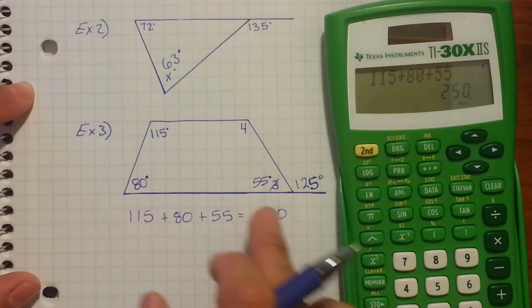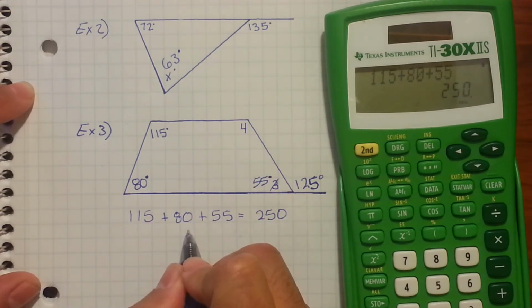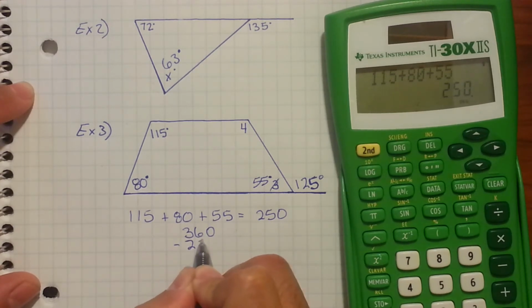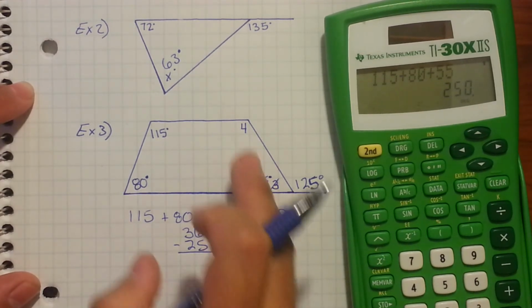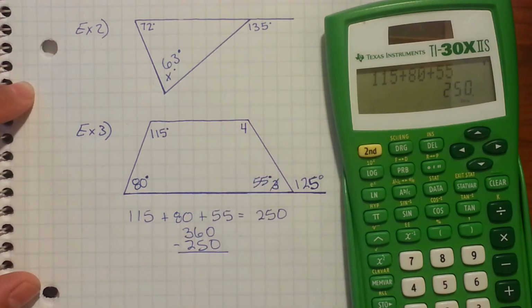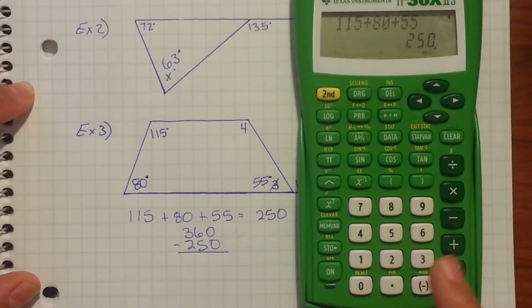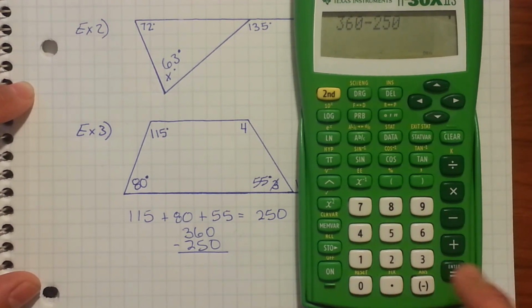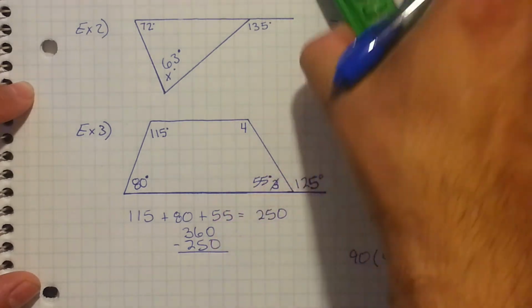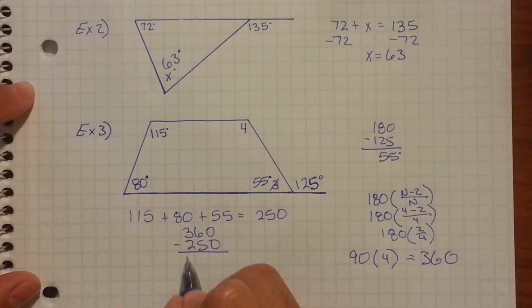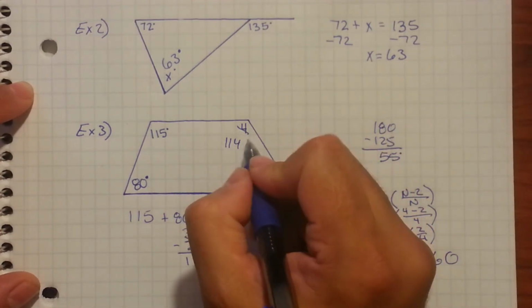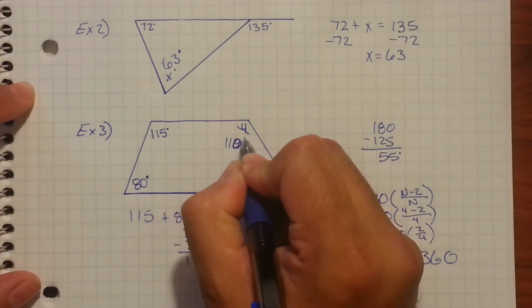So now I'm going to take that away, so I'm going to go 360 minus the 250, and when I subtract that, that would leave me with only what I have left in here. So 360 minus 250, I get 110. So angle 4 is 110 degrees.